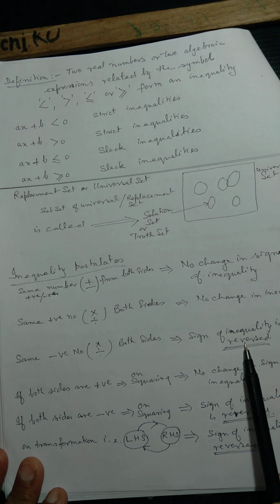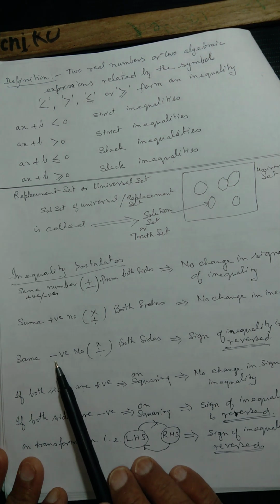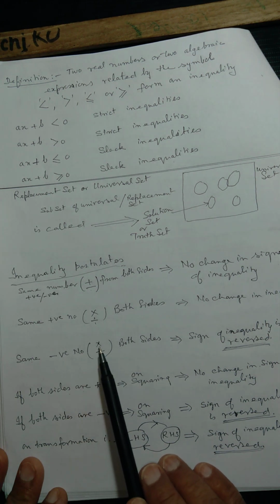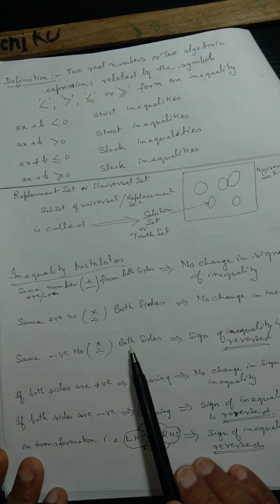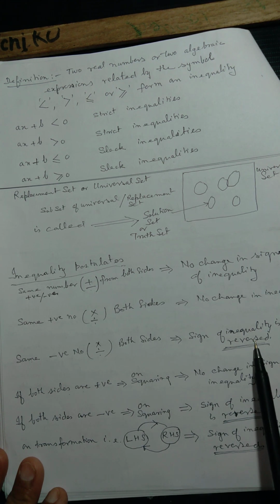We have to pay a little more attention here, because when multiplying or dividing both sides by a negative number, the sign of inequality will be reversed.